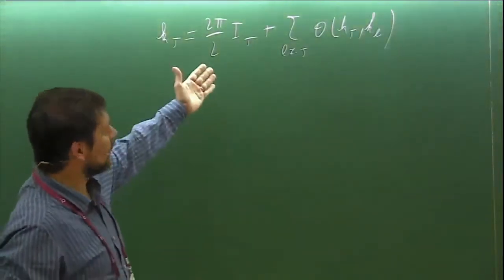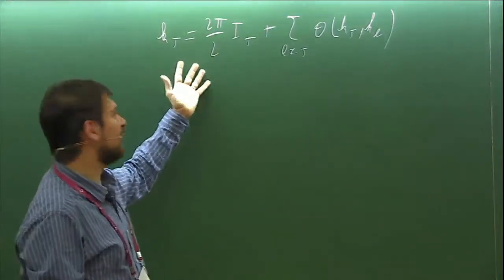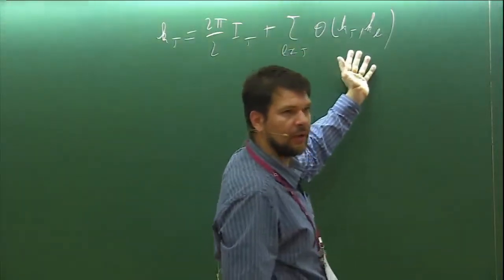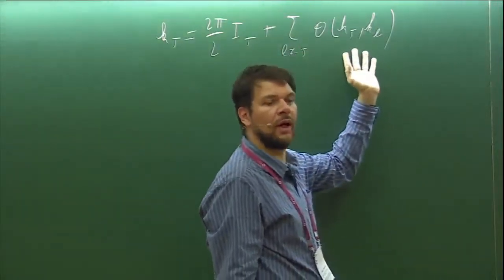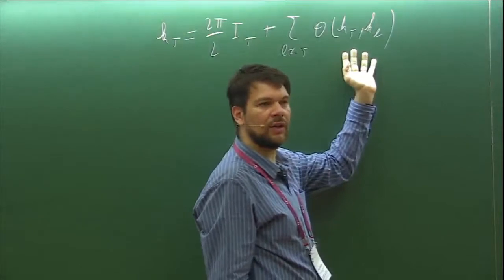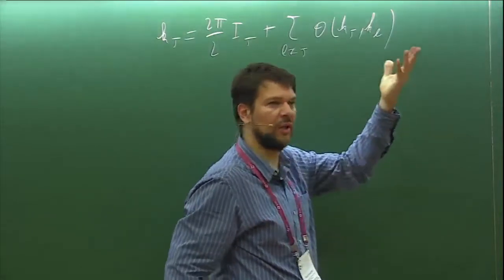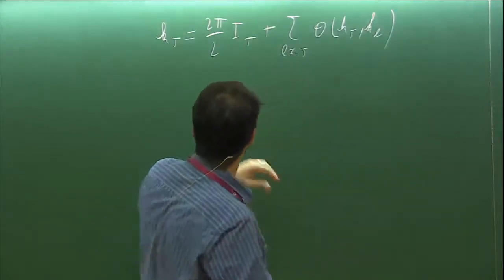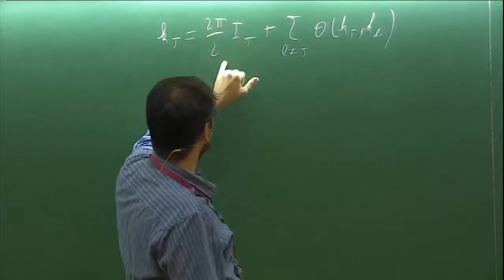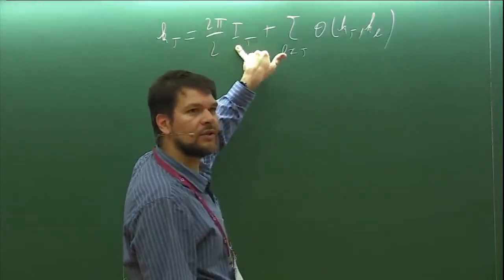So you see that in a free model the scattering does not exist. At most it is a pi phase. Every time a particle scatters with another, you just have the statistical phase. So for a free model, you just have 2 pi over L times an integer.